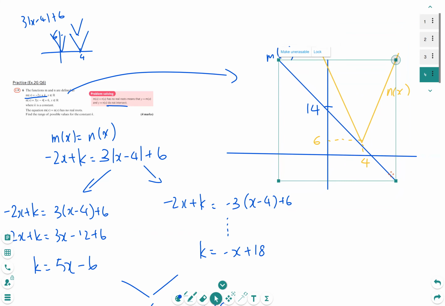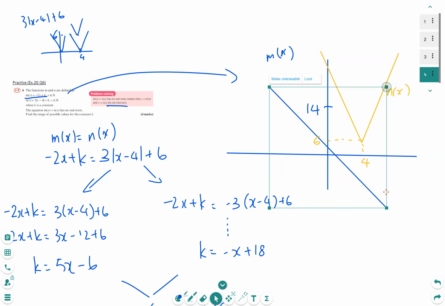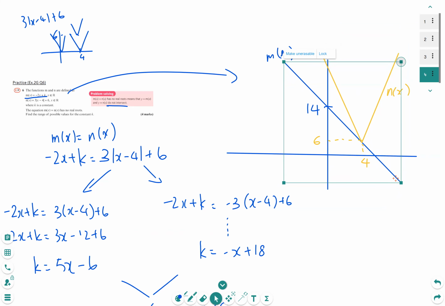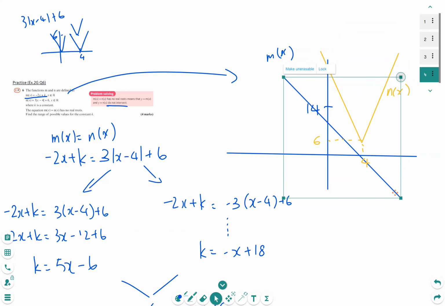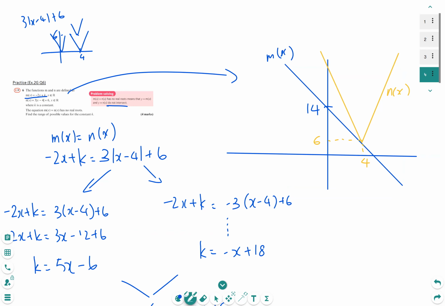So moving them down means the k value has to be less than 14. When k is 14, they intersect like this, but you want the graph to move down and down. Therefore, the final answer: k has to be less than 14 for m of x and n of x not intersecting.